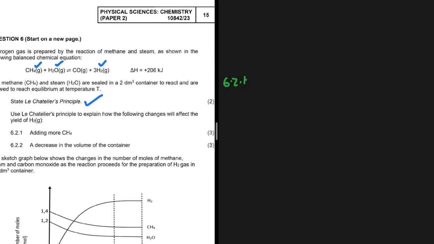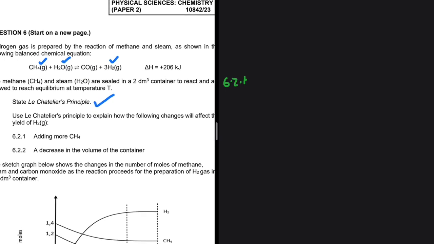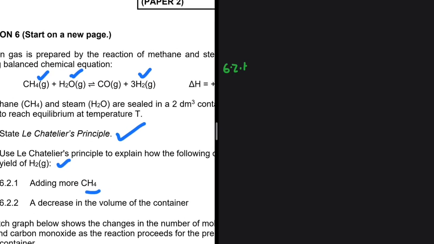6.2.1, how will the following changes affect the yield of hydrogen gas? Adding more methane. So in our reaction, you can clearly see that CH4 is one of the reactants. So if you increase the amount of CH4, the forward reaction will be favored so that CH4 is used up.